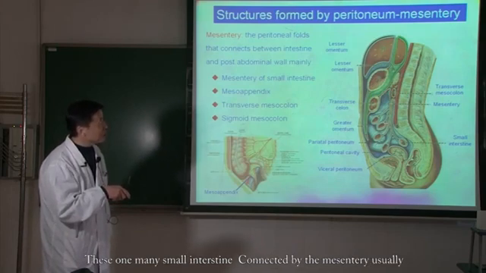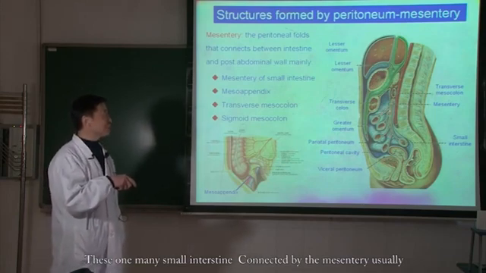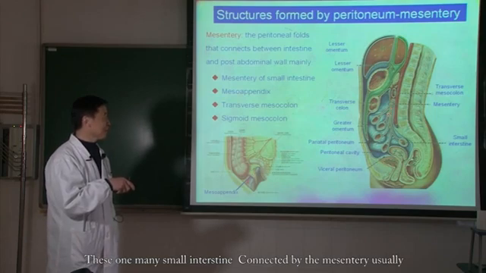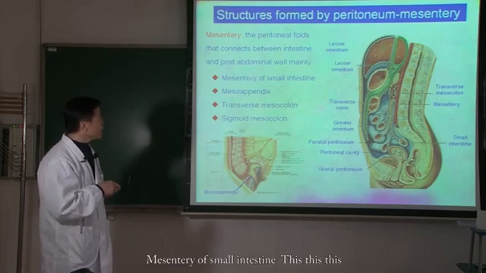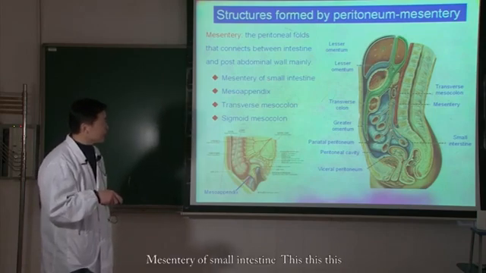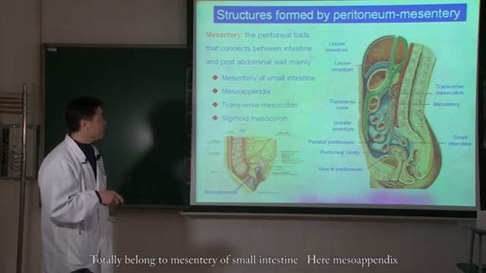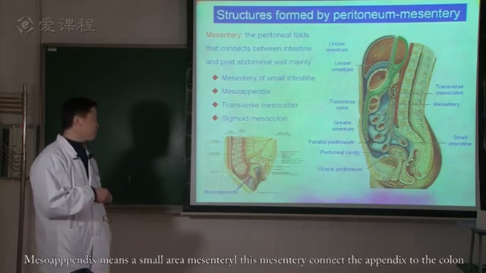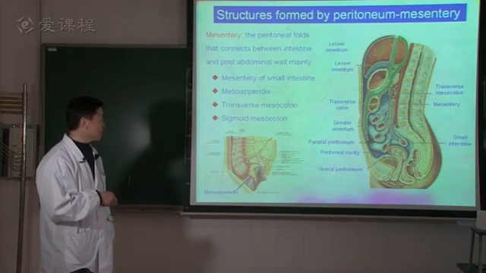This one, many small intestines connected by the mesentery of the small intestine. This totally belongs to the mesentery of the small intestine. Here, mesoappendix. Mesoappendix means a small area of mesentery. This mesentery connects the appendix to the colon.